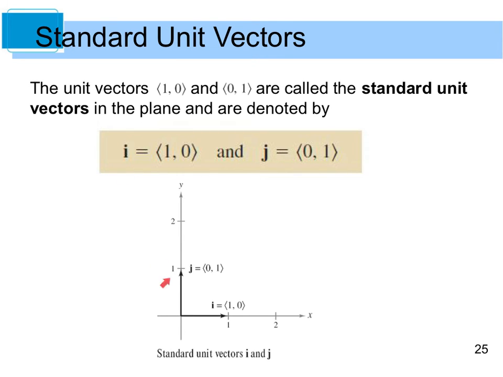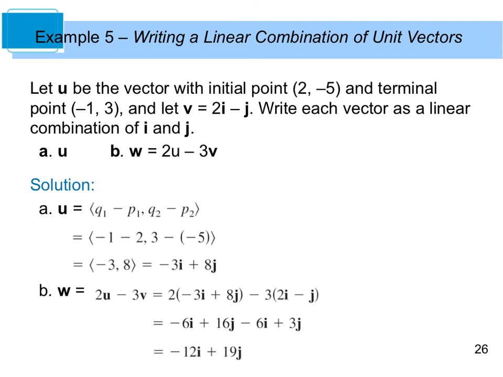So if you have an i, it's essentially telling you it's an x value. And if you have a j vector, it's telling you it's a y value. So to combine this over here, it says let v be 2i minus j. All right, so if it's 2i minus j, well, we'll get to this question, I guess, as we're going.